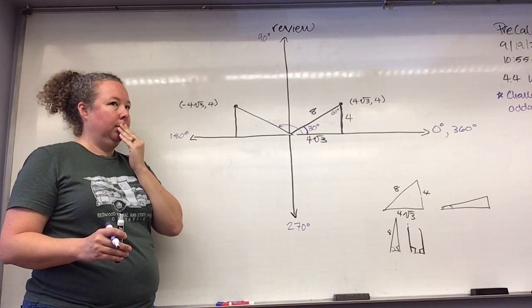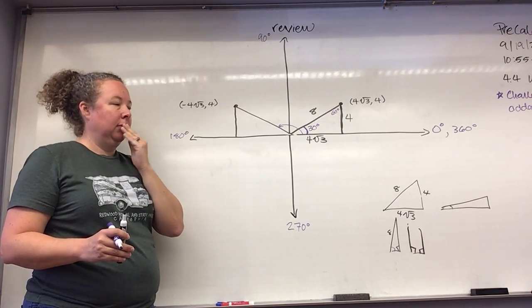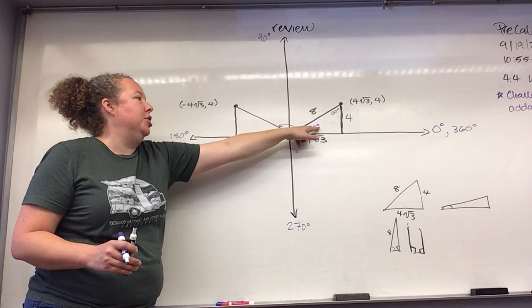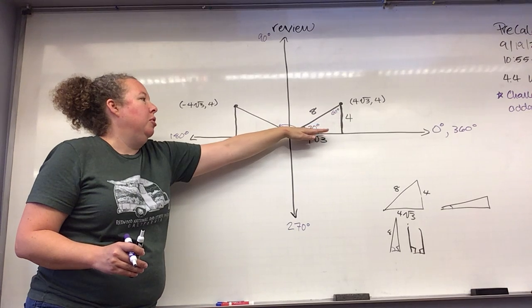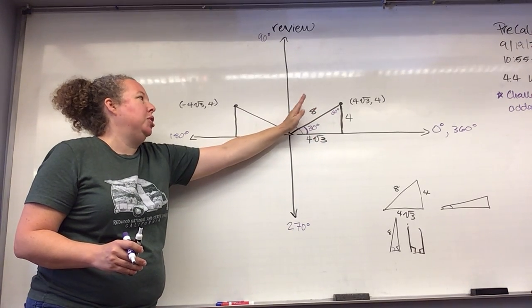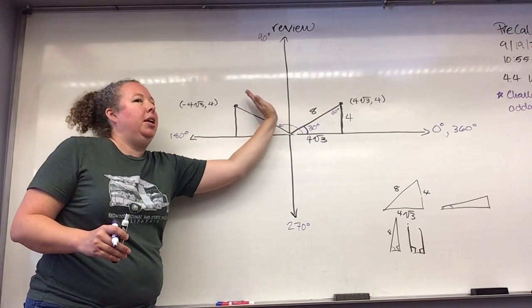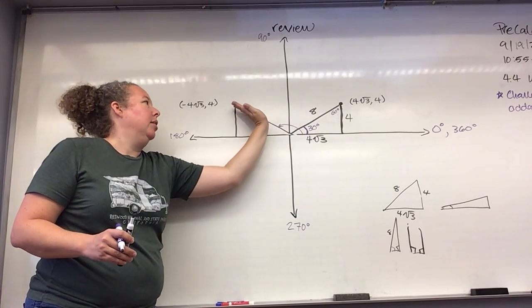It reflected across the x-axis. Yeah, this triangle is a reflection of this one. Maybe 180, because we moved the hypotenuse. We went up to 30, we kept going past 90. I think it went 180.